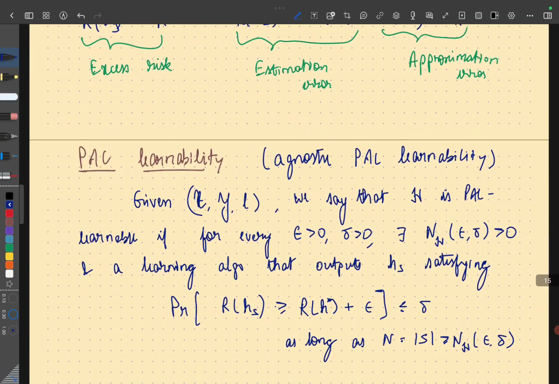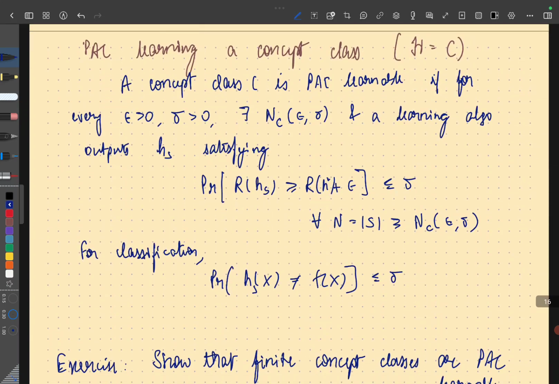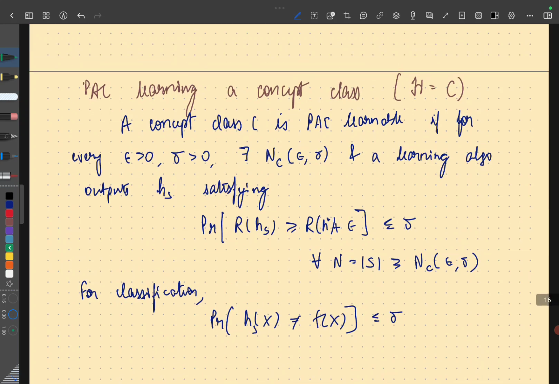So while PAC learning a concept class, we took H equal to C. That is what is called the realizability assumption. So when I say PAC learning a concept class, it means that you can actually realize f somehow because you have some prior knowledge.